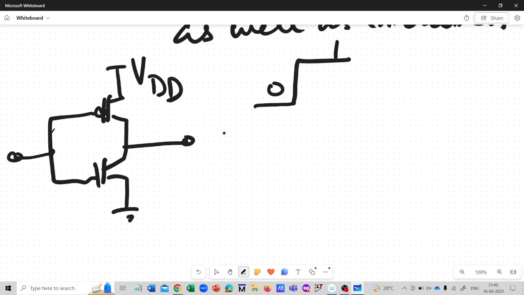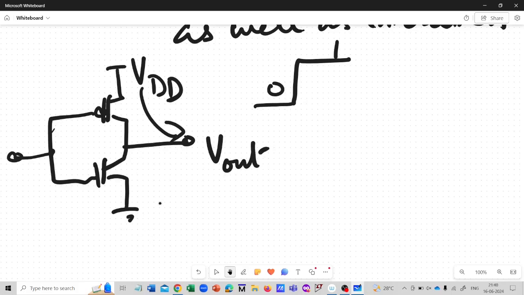When the input is 0, the NMOS transistor is open circuited and the PMOS transistor is conducting, thereby pulling the output to VDD.